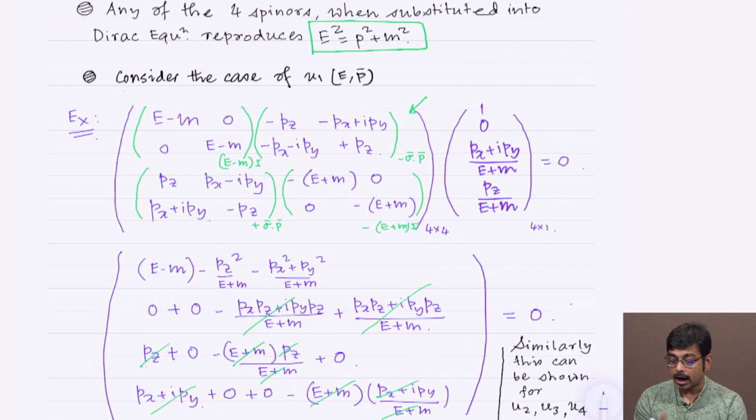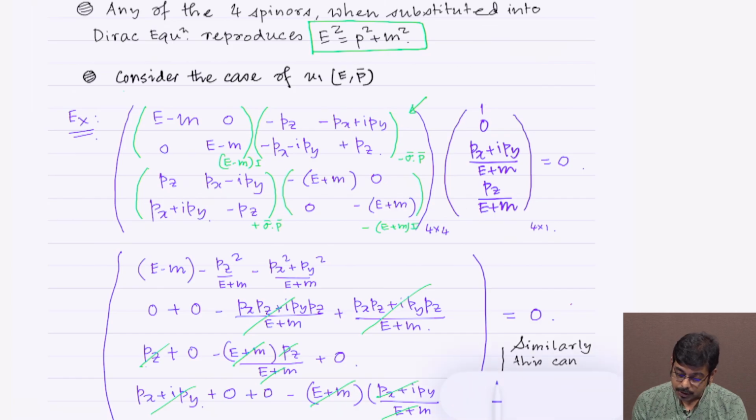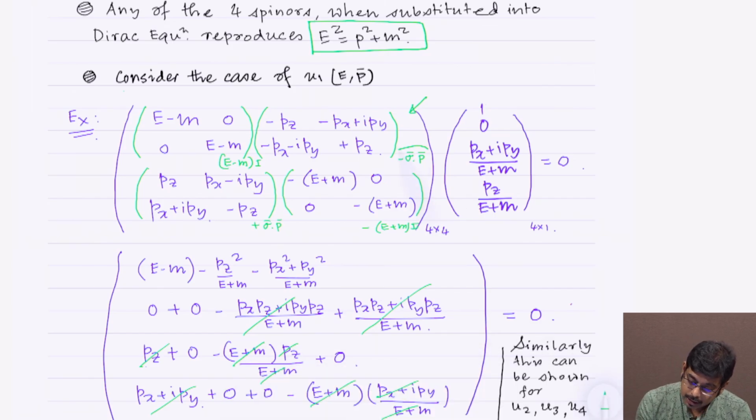What I am going to do, or rather you are going to do, is simply a matrix multiplication. What I have done is that I have explicitly written E minus m into I, which is E minus m 0, 0 E minus m, once you multiply with a 2 cross 2 identity matrix, and I have explicitly written the minus sigma dot p, which we wrote above.